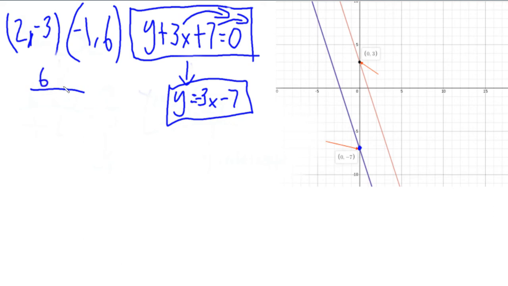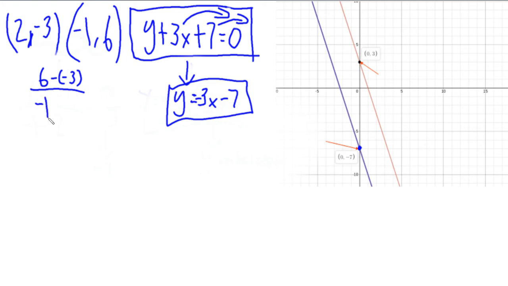So 6 minus minus 3, over, and the bottom is the change in x, the difference between our first x, which is minus 1, and our second x, which is 2.